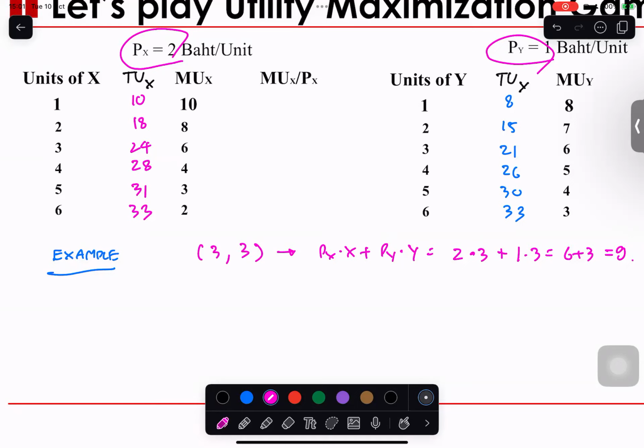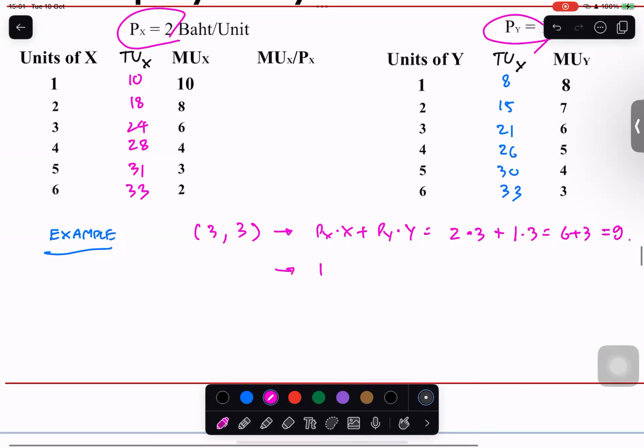He has 9 baht. If he consumes this basket, let's check his total utility. TUX when he consumed 3X is 24. TUY if he consumed 3 pieces of Y, 3 pieces of Y deliver 21 UTUs.